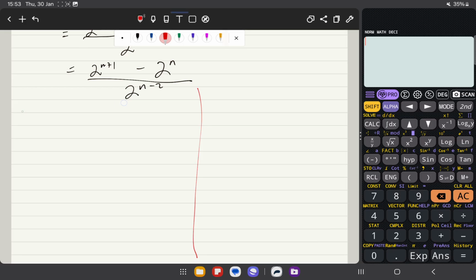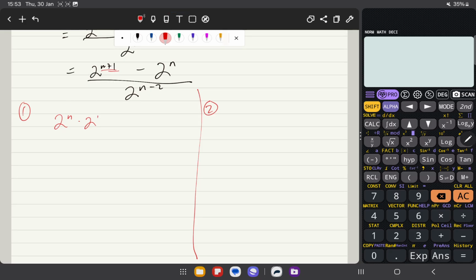So I'll have person A here, the first person, and the second person here. First person thinking through the problem, they can just say I have 2 to the power of n times 2 to the power of 1. What is this? Remember, when we have the same base and we multiply, we add the exponents. So we just broke this backwards.